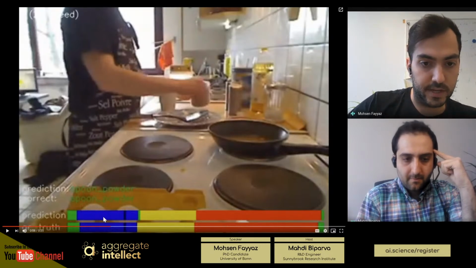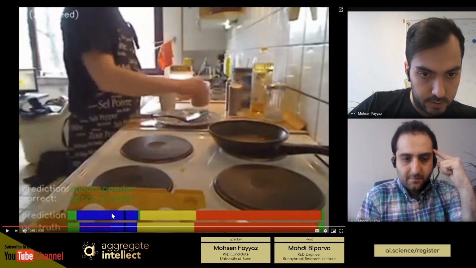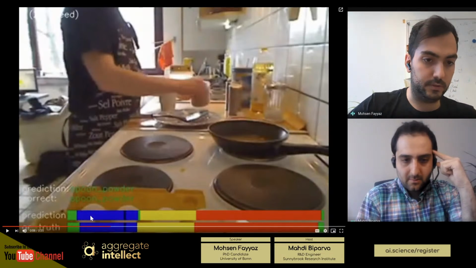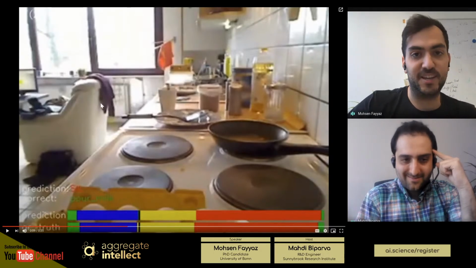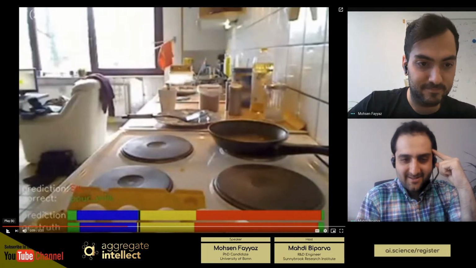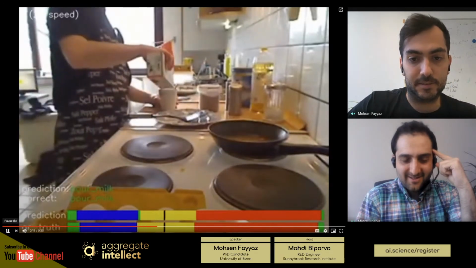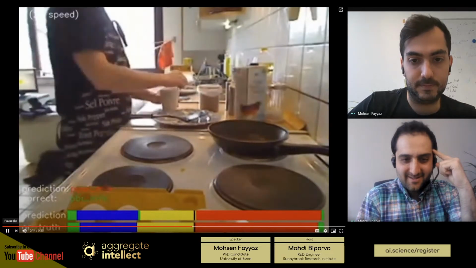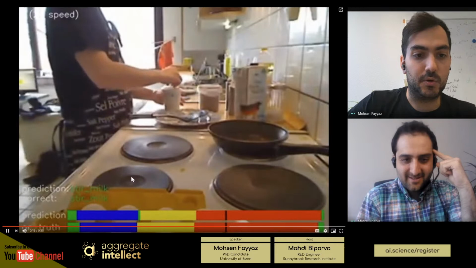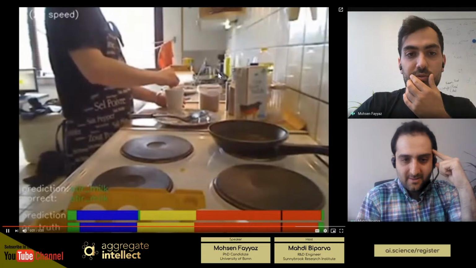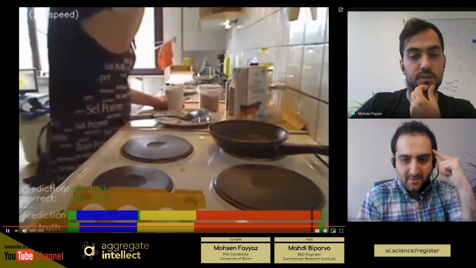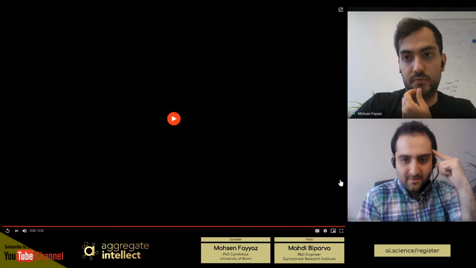And then this action, the blue one, the moment is a spoon powder, which we have predicted right. Here, we have predicted the background. Somehow it's right, but in the ground truth, it was not background. But yeah, as you can see, it's not a really easy task because even the videos are too hard for these artificial neural networks to process.